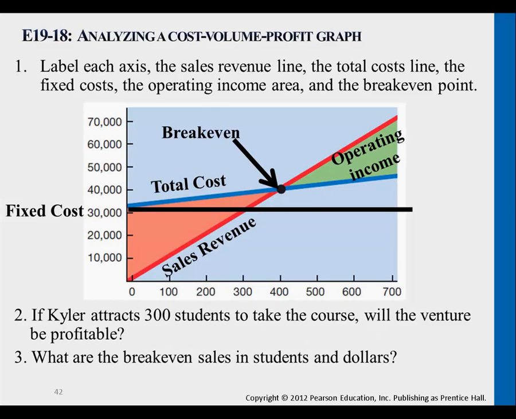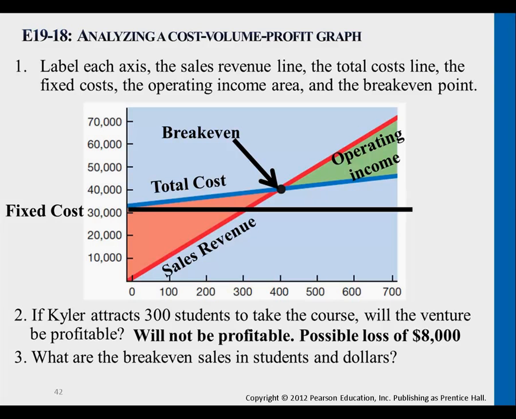Okay, we've done that. Good job. So if Kyler attracts 300 students to take the course, is it going to be profitable? 300 students. It's going to go up. Uh-oh. All right. Okay, and it's even a possible loss.